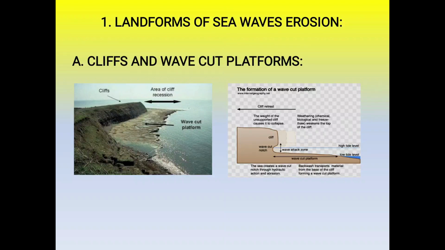Sometimes such hard massive rocks stand out as headlands. Recession or retreat of the cliff especially becomes prominent with fast erosion of soft rocks. Such rocks may be limestone, clay, and sandstones.